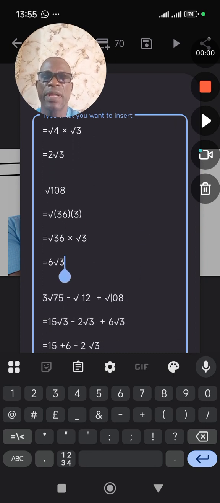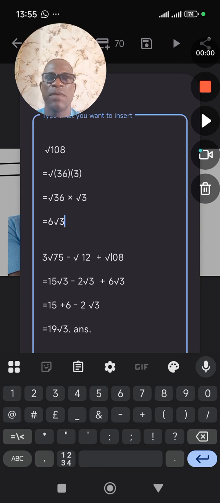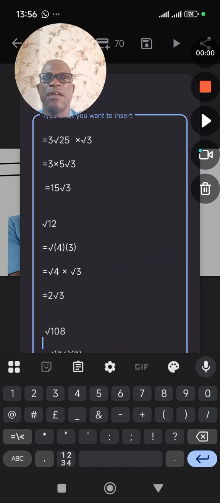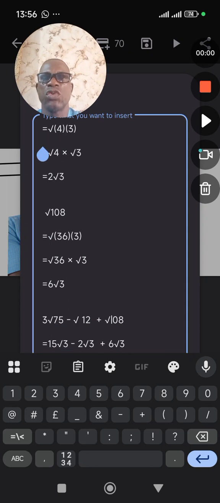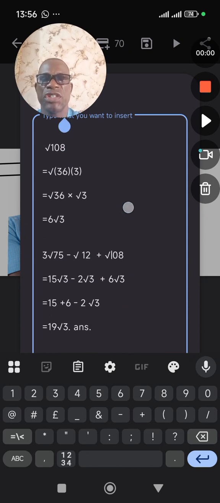Now bringing all three components together, you have the expression 3 square root 75 minus square root 12 plus square root 108 becomes 15 square root 3, which is what we got first here, plus, no, minus 2 square root 3, which is this 2 square root 3, then plus 6 square root 3, which is what we got last.